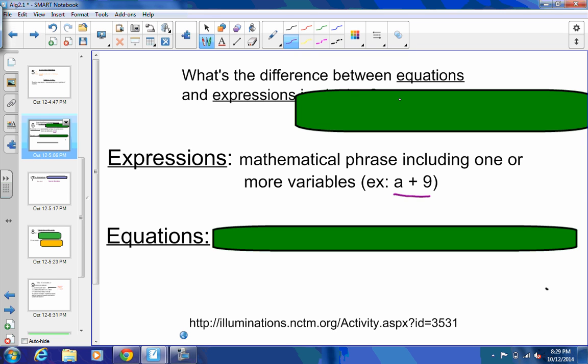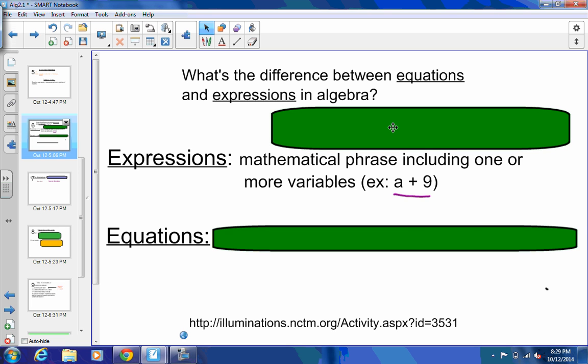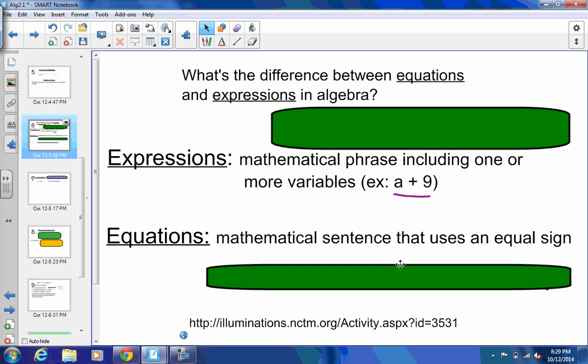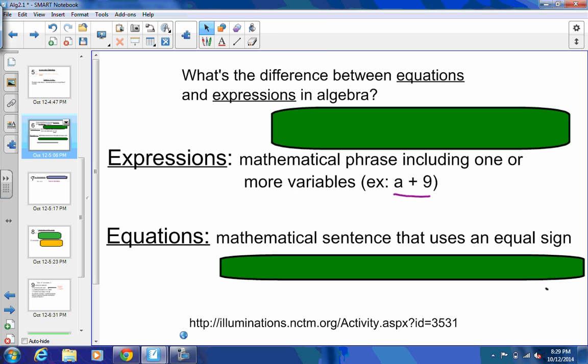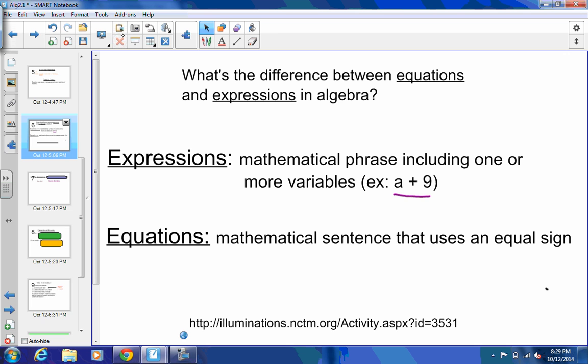All right, and the difference between that and an equation is really just an equal sign. So an equation is a mathematical sentence that uses an equal sign. You can still use that a plus 9 that we used as an expression above and just set it equal to 15.